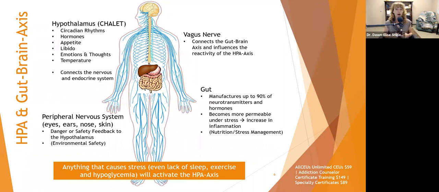People who are in an environment and they smell something that reminds them of a time they weren't safe, it's going to trigger that HPA axis. Or they hear something that triggers a memory. So their environment can be currently unsafe or threatening, or something in their environment could be triggering a memory that's still stored in the amygdala and hasn't been integrated, which triggers a traumatic memory that can trigger that HPA axis.